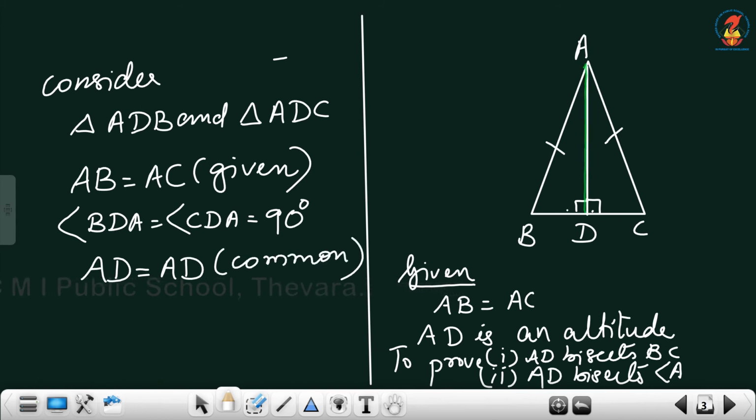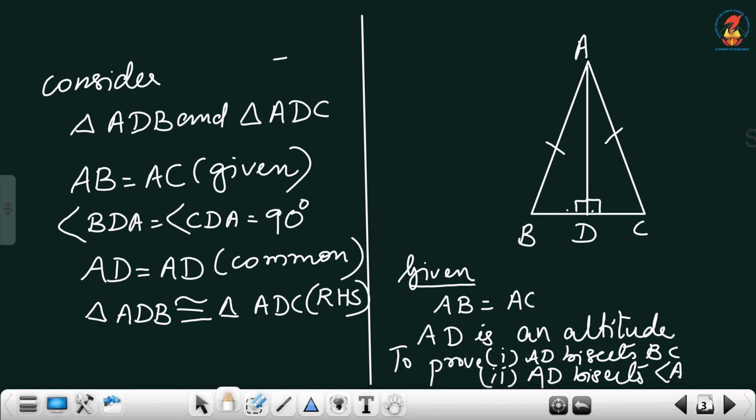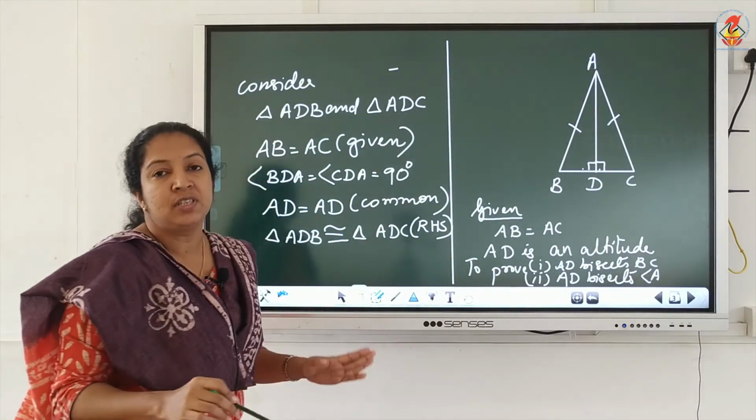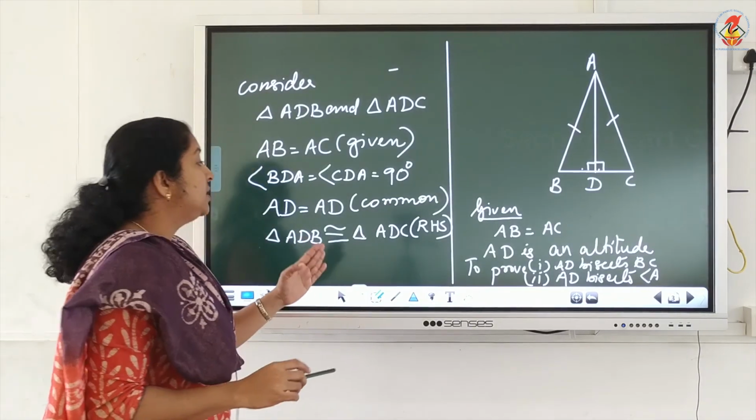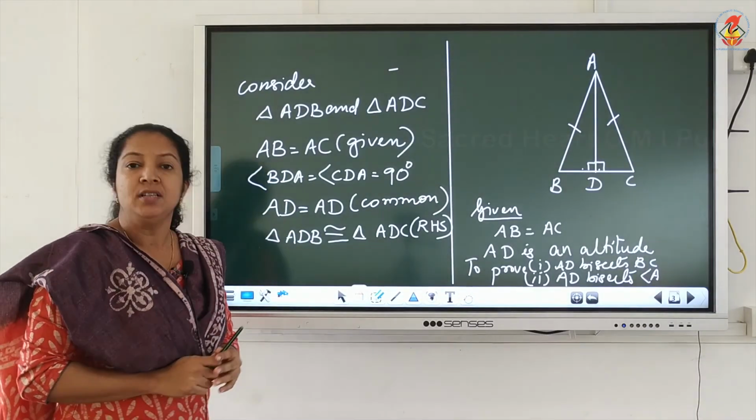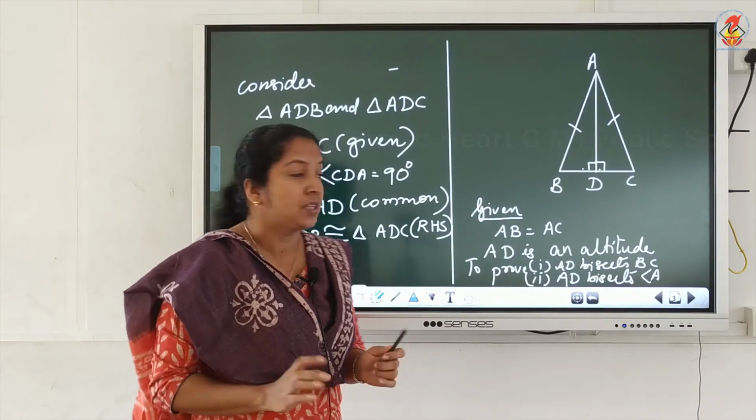So, what we can say? Triangle ADB is congruent to triangle ADC using RHS criterion. So, one angle 90, hypotenuse equal and one of the side also equal. So, we can say these two triangles are congruent using RHS criterion.